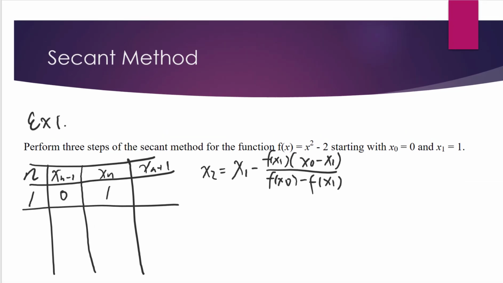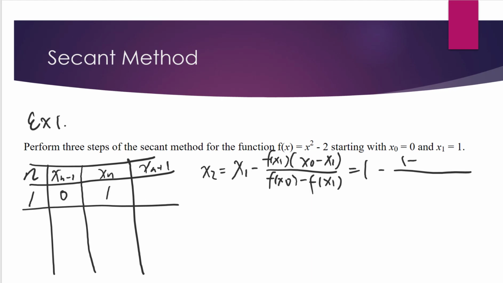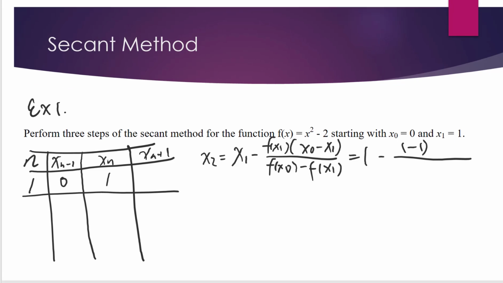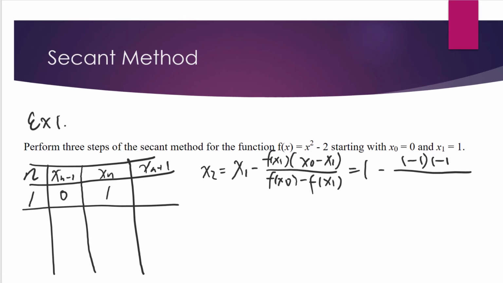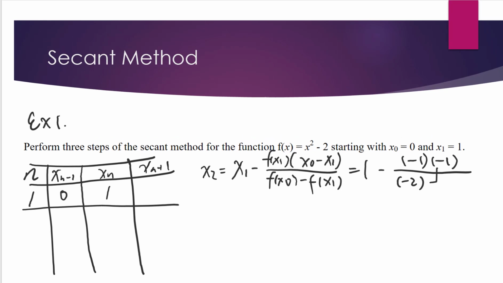Okay, so x1 is 1, and f(x1) is 1 squared minus 2, which is negative 1, and x0 minus x1, which is 0 minus 1, is again negative 1, and f(x0) is 0 squared minus 2, so this is negative 2, minus f(x1), which is negative 1.